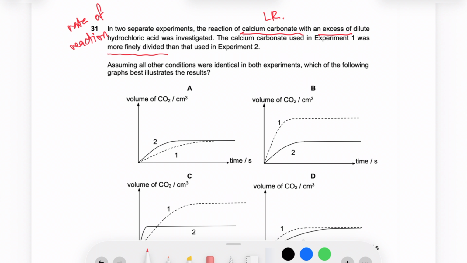So it will be faster. Okay, so the gradient will be steeper. But the end point should be the same.